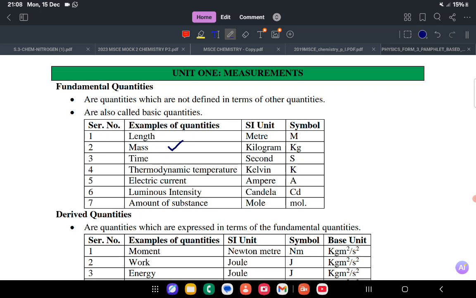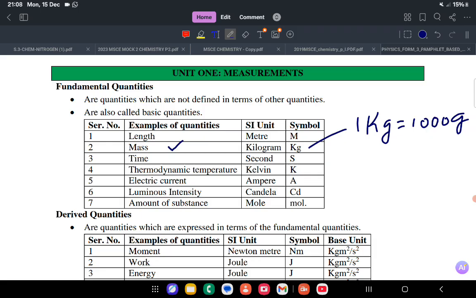All right, mass is measured in kilograms. 1 kg of anything is the same as 1,000 grams. So 1,000 grams of any material is the same as 1 kg of that material.